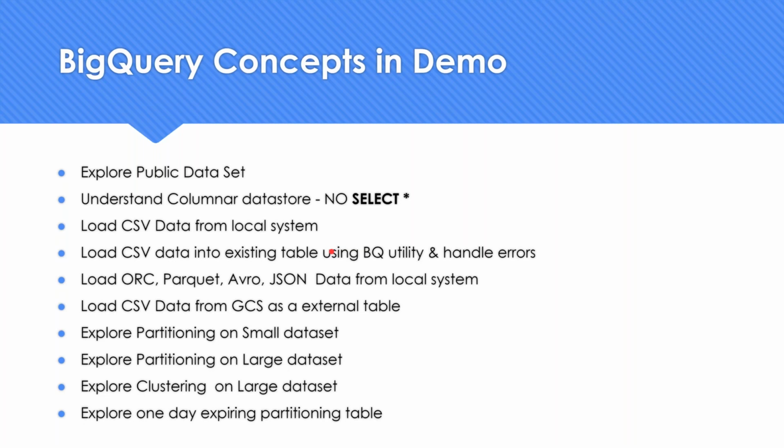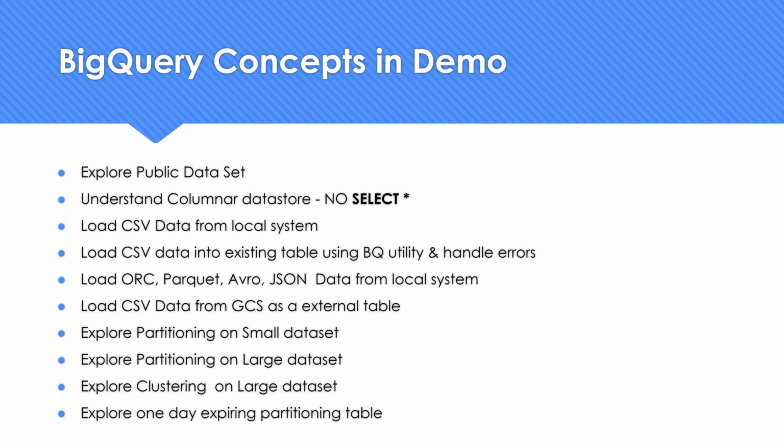The append to table was a trick there, and we also saw how we can handle errors. That was a very manual way of doing it. There are some sophisticated ways where you use ETL tools, and if there are any errors in the file format, you change it. But if you were to directly load it with that option, what you can do is what I wanted to highlight there.